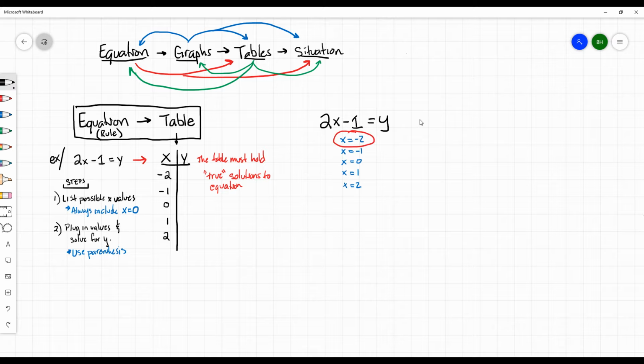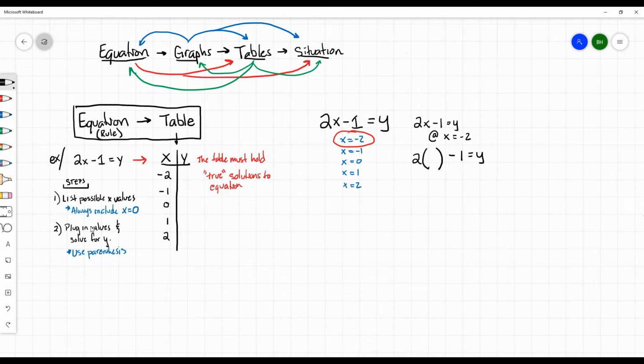If we take this, now we have 2x minus 1 equals y, and we're looking at x equals -2. The first thing I want to do is rewrite this exact equation, but this time put a set of parentheses where the x was.